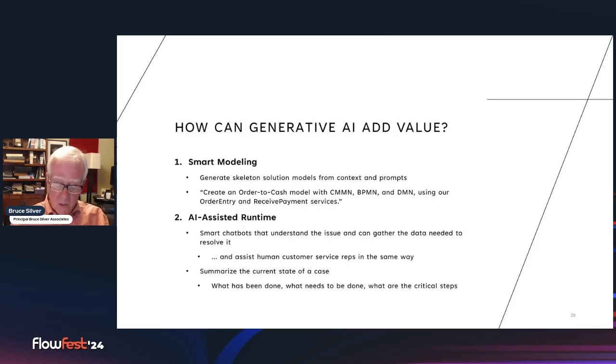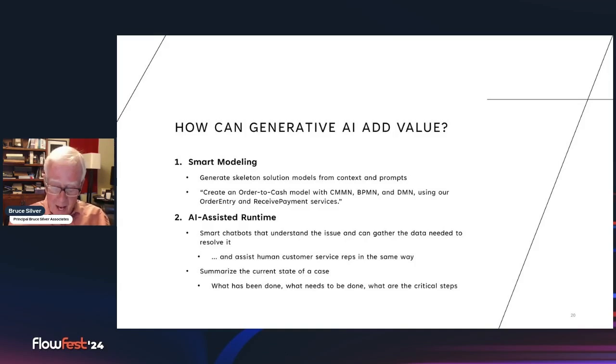Also, a well-known strength of generative AI is summarizing complex information. While understanding the current state of a single BPMN process is straightforward, understanding the current state of an active case is not.